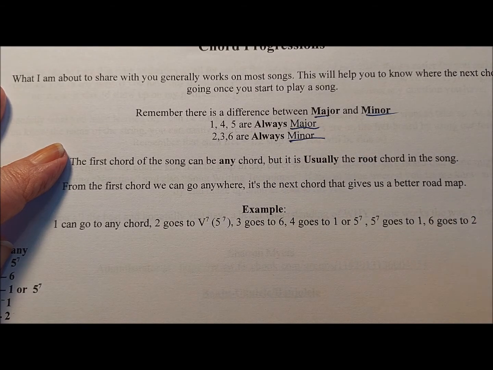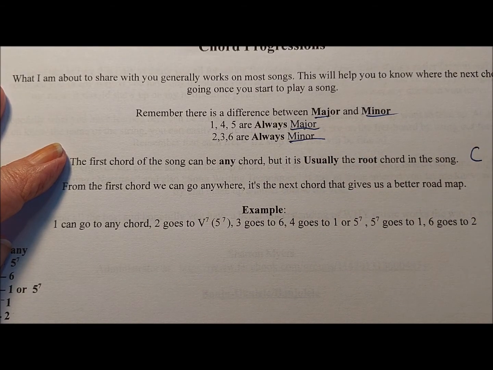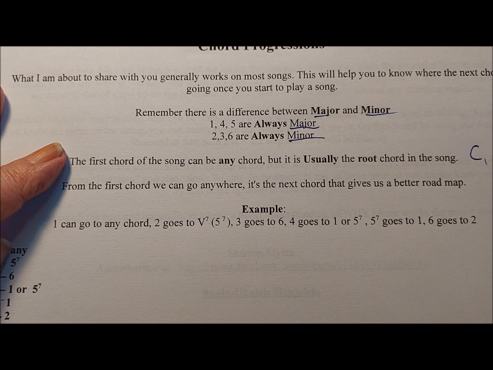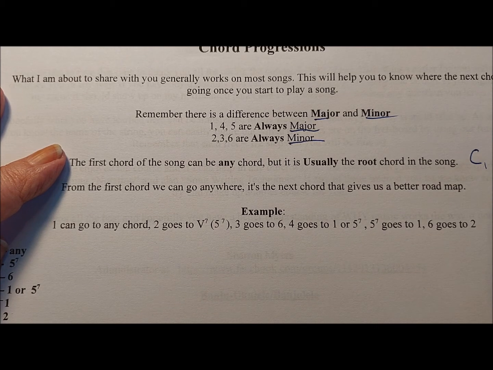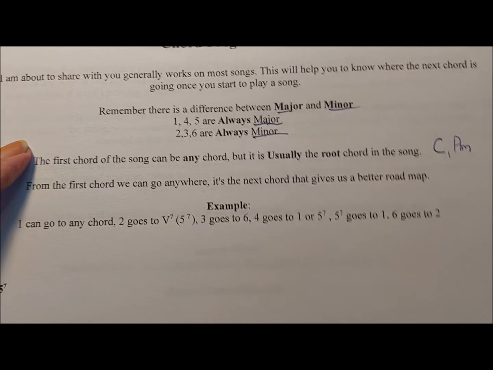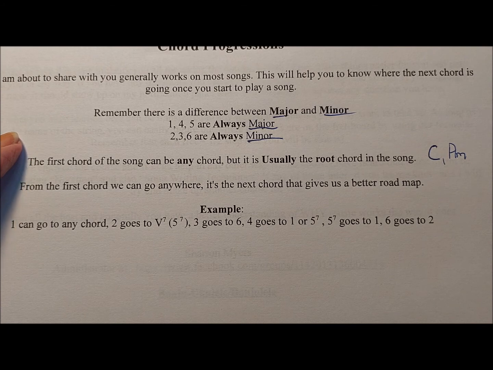The first chord of the song can be any chord. So say I start on C. Okay, the next chord could be, say, I go to A minor. I'm making it harder than it has to be. Usually the root chord in the song is the first chord, and after that, it'll go to any chord.